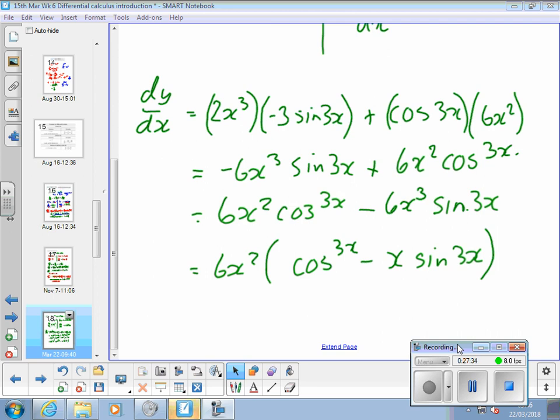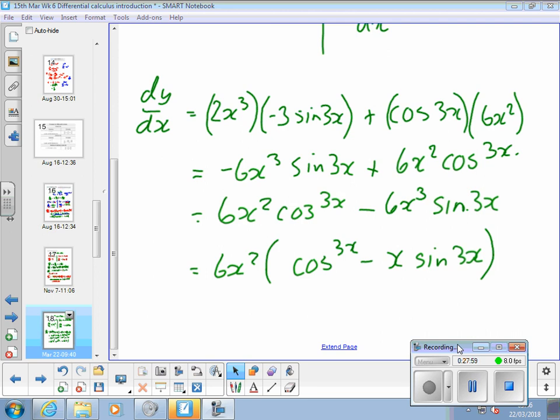So if you were looking for a value for the rate of change and you put x is equal to 3 in it, you'll get the same answer as if you put x is equal to 3 in that one. If you're unsure whether your answer is exactly the same as his answer, choose a value for x, put it in your formula, get an answer.